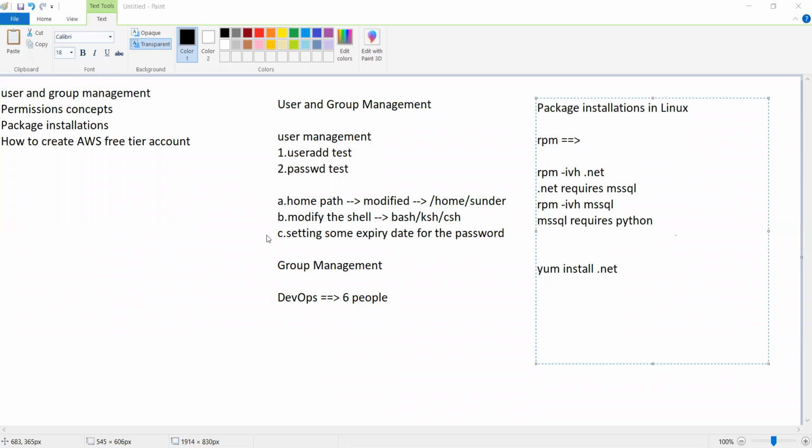Clear? Clear with everyone, guys? This package installations and all. Hi, Shravan. My question is, if we install packages using RPM, like we install .NET, then MS SQL, and at last Python, after installing these dependencies, can we uninstall all of these with a single command using yum? Yes, simple. yum uninstall .NET.